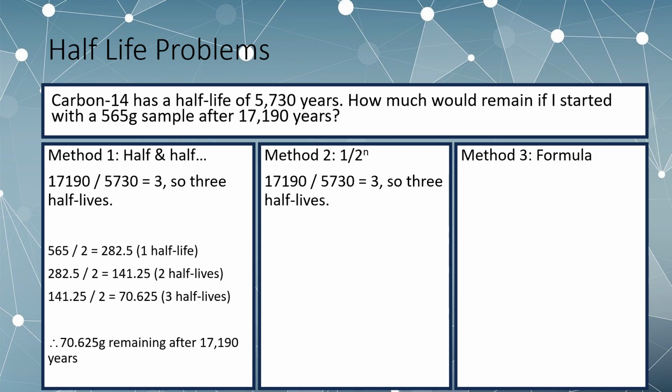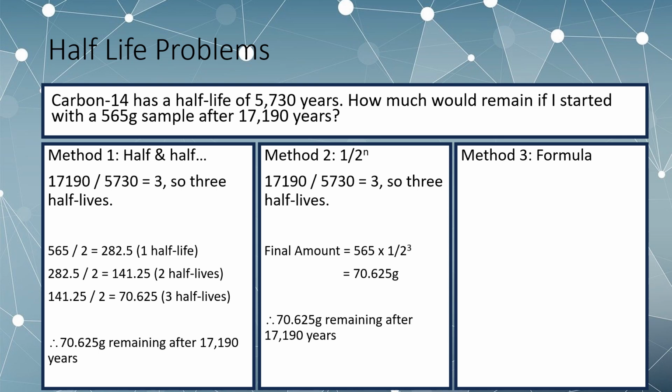So our initial amount is 565 times 1 over 2 to the power of 3, which gives us the same answer as we stated, 70.625 grams. Therefore, 70.625 grams remaining after 17,190 years. And that's our method 2. You'll notice this is a bit quicker, but you've got to be careful as it can only be used for certain examples. Finally, our method 3 is using the full half-life formula.